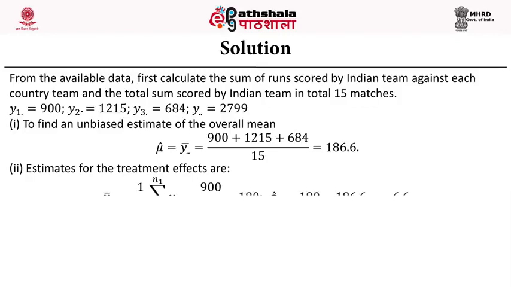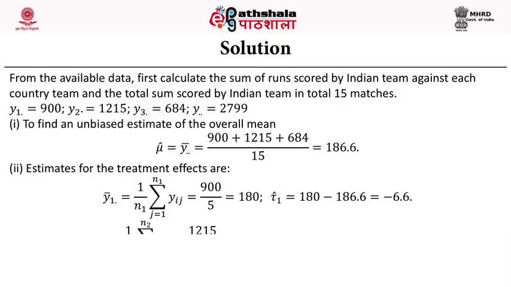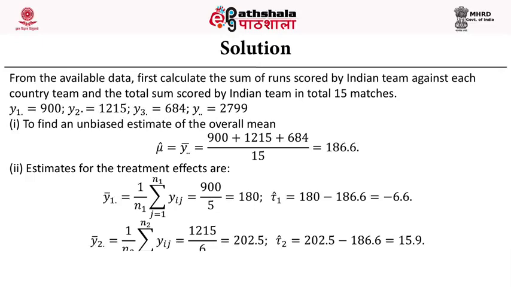To find an unbiased estimator of the overall mean, we know that the unbiased estimator mu hat is y double dot bar. So sum all the total values and divide by the total matches, which comes out to be 186.8. The second is the estimate for the treatment effects. The formula for the estimator of treatment effects is y1 dot bar minus y double dot bar.